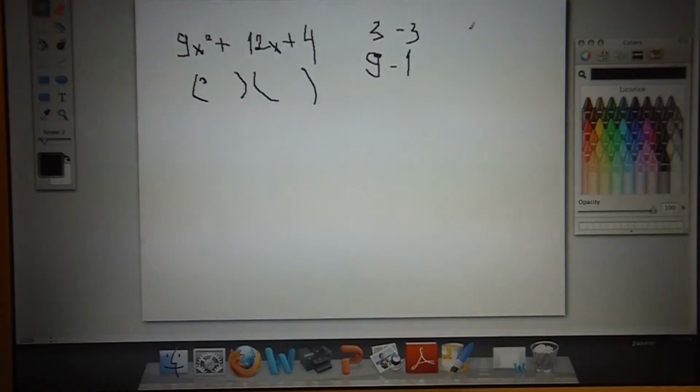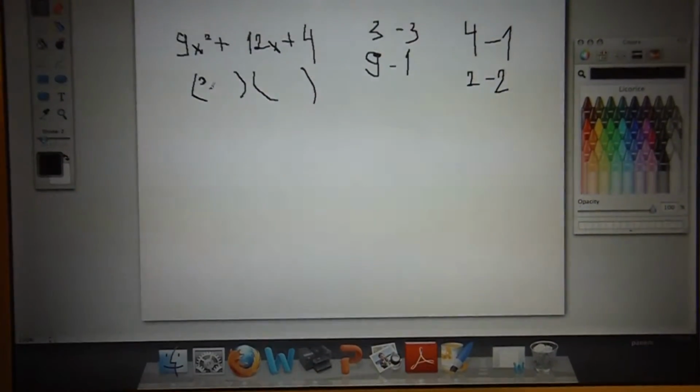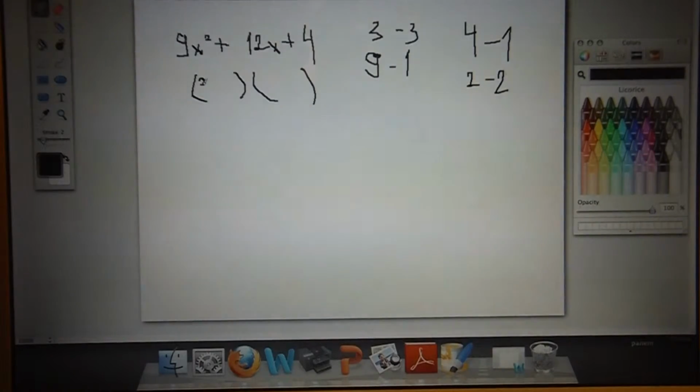And what about the multiples of 4? Well, it's just 4 and 1, and 2 times 2. Again, I'm using 2 times 2 and 3 times 3 just because they're closer. It might not be correct, but still, it's a good start.